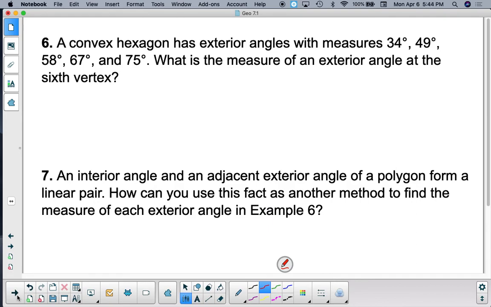So this is the last example, number 6. Says a convex hexagon has exterior angles with the measures of 34, 49, 58, 67, and 75. What is the measure of an exterior angle at the 6th vertex? Okay, so if it's a hexagon, it has 6 sides, right?